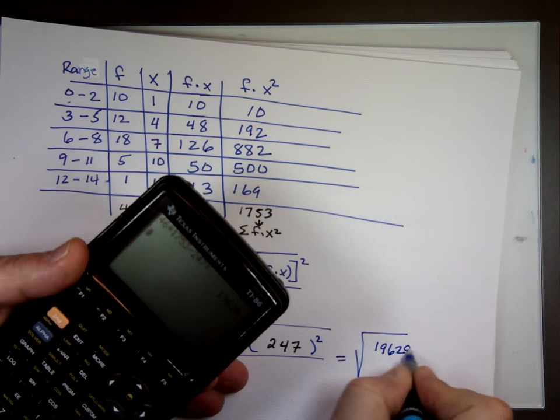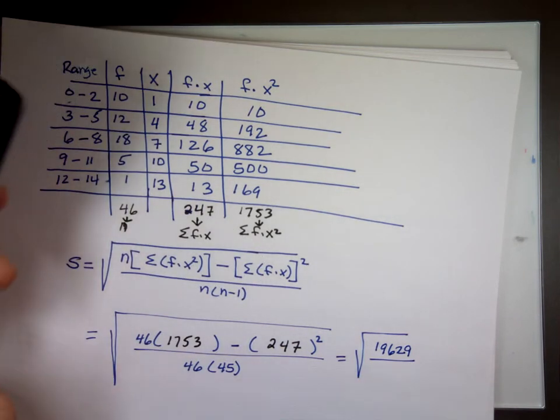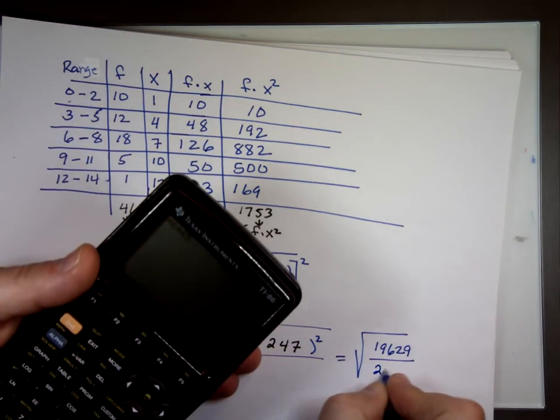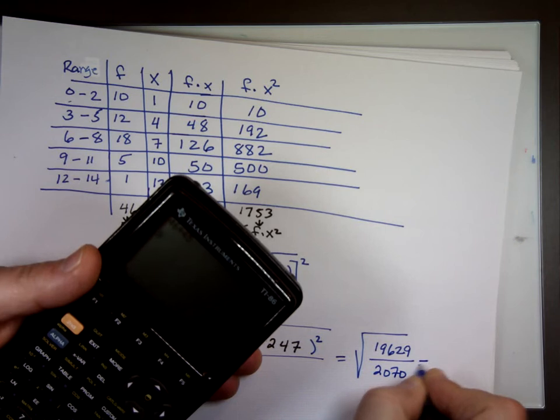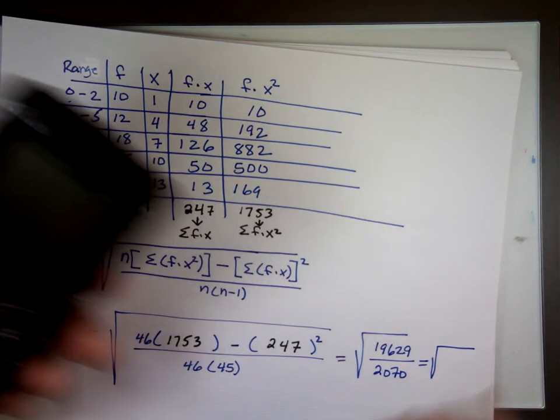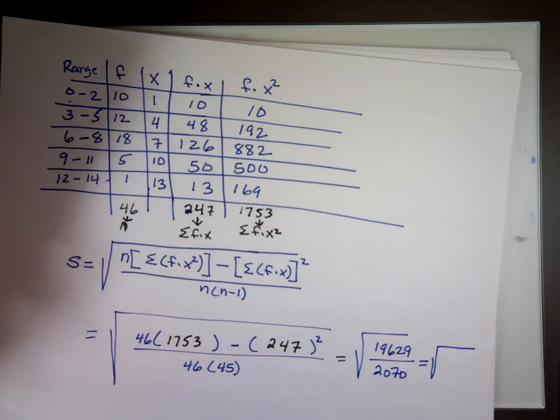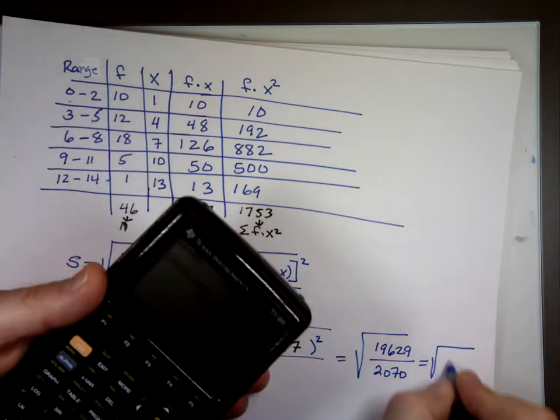The bottom, 46 times 45, 2070. The square root of 19629 divided by 2070, 9.48. Take the square root of that.